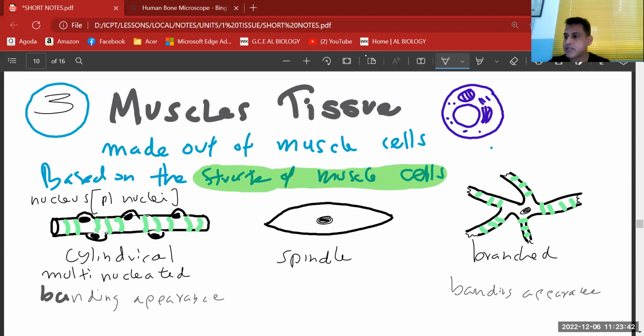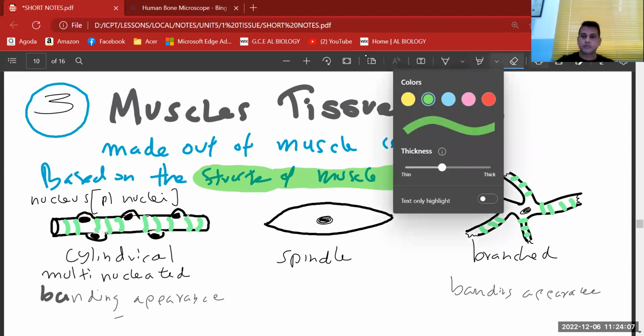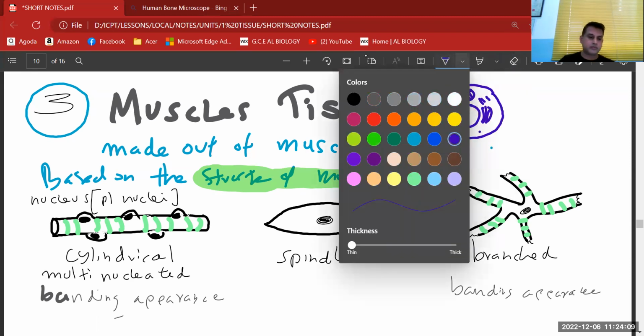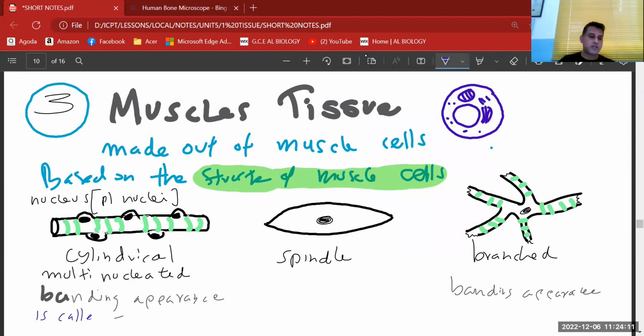This banding appearance we call striations, or striated.